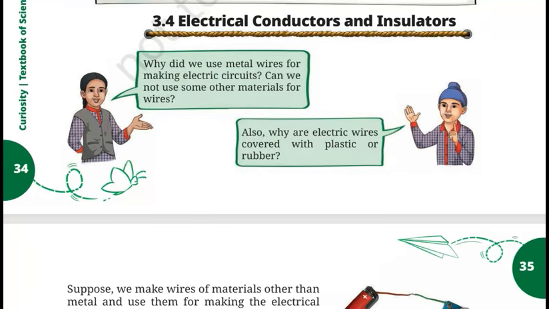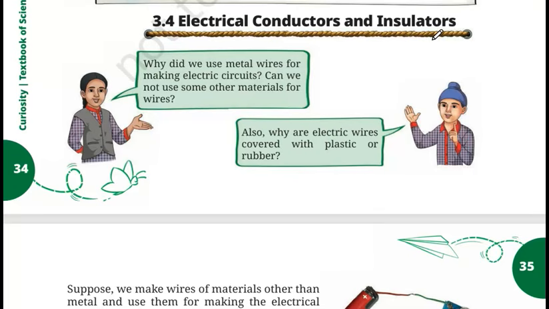Now let us learn what is a conductor and an insulator. Students, you all must be having an idea of what a conductor is and what an insulator is. So do you know why we are using metal wires for connecting these electric circuits? Can we not use some other materials like plastic or rubber? Why are electric wires made of metal, and why are these electric wires covered with plastic?